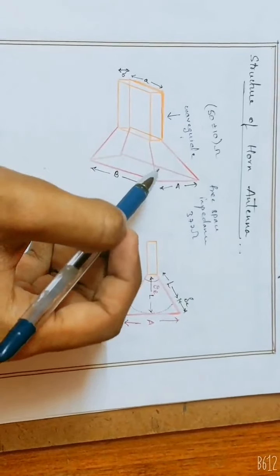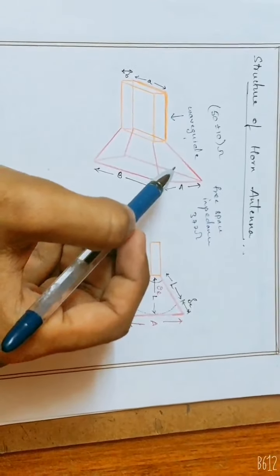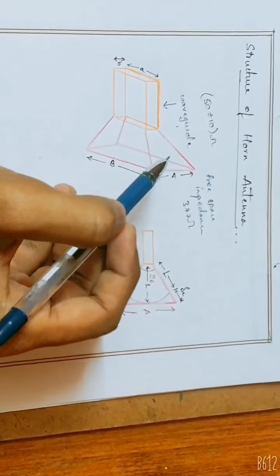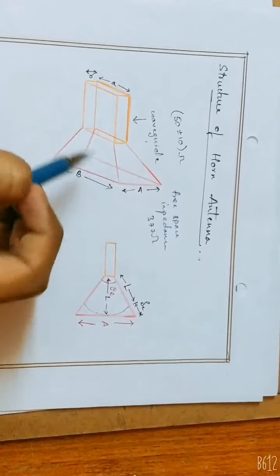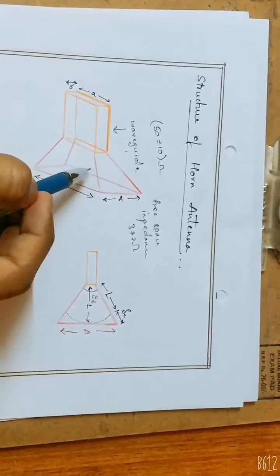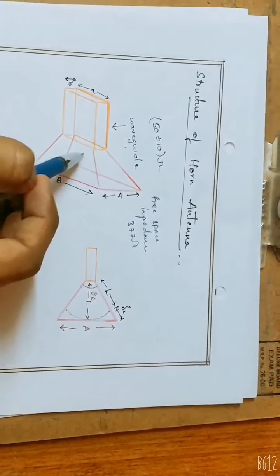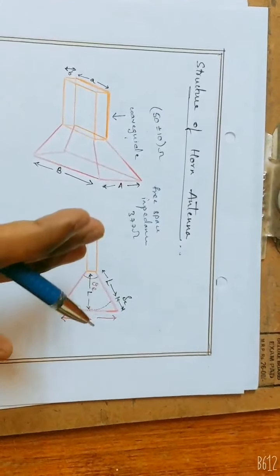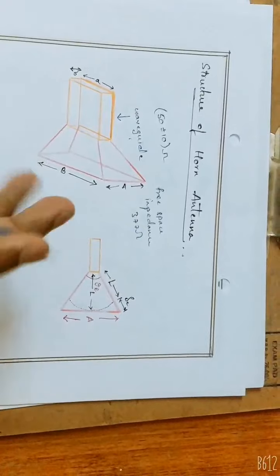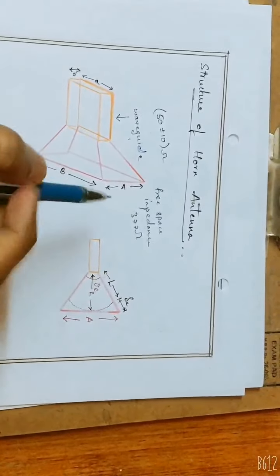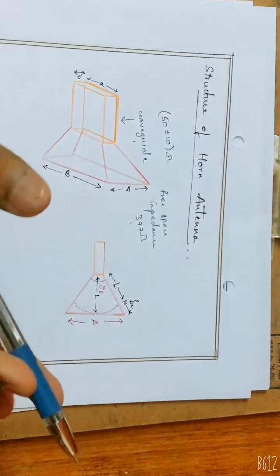A waveguide can be utilized for transmitting a signal from one end to the other end. When we keep the waveguide open at one end, it does not radiate electromagnetic waves in space, because of the free space mismatch.